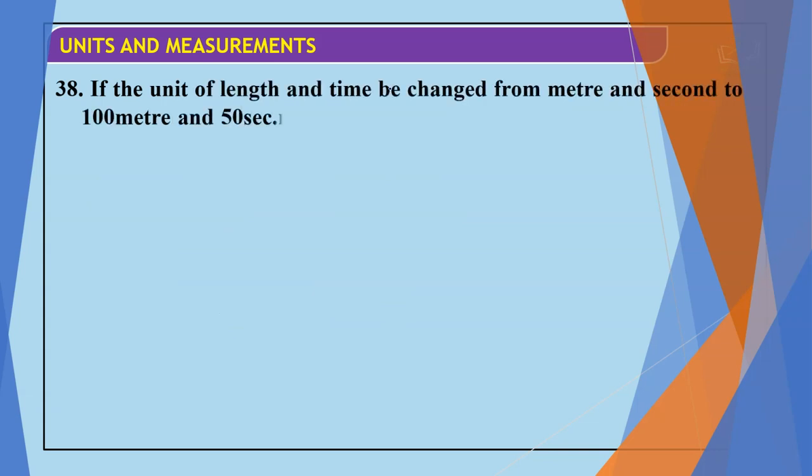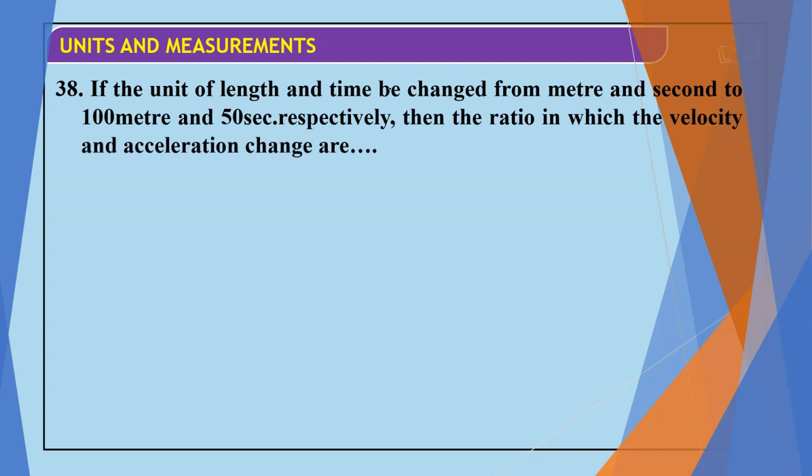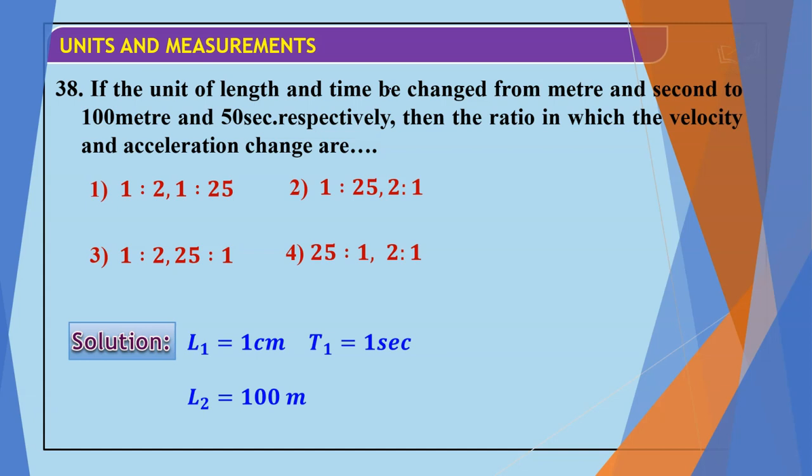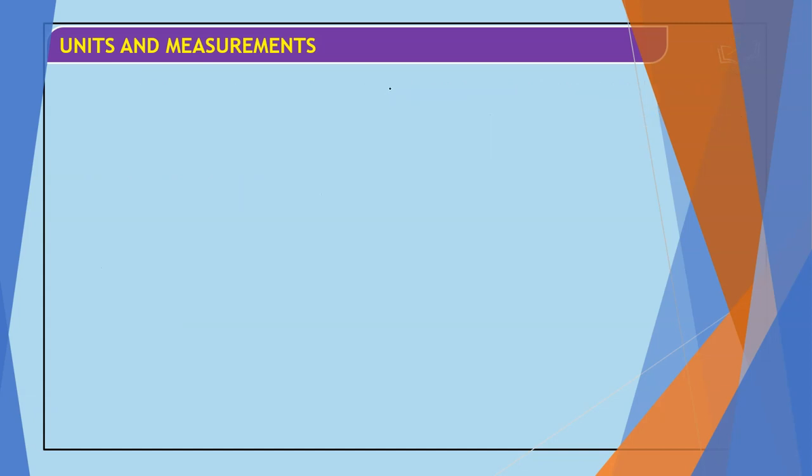Next question, if the unit of length and time is changed from meter and second to 100 meter and 50 second respectively, then find the ratio by which the velocity and acceleration change. Now let's move with the solution part. So L1 is equal to 1 meter, T1 is 1 second, L2 is 100 and T2 is 50 second.